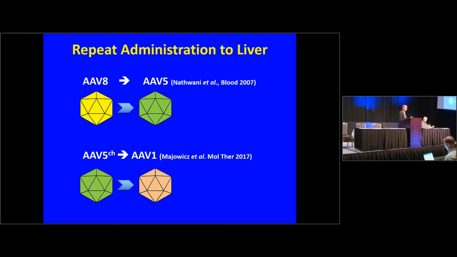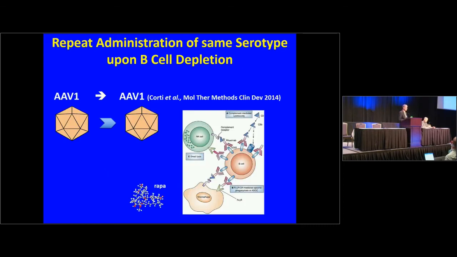So in hepatic gene transfer, which is one of the tougher targets because you're going in through a blood vessel, it's been shown, for example, that you can give an AAV8 vector first and later an AAV5 vector and achieve gene transfer with AAV5. Another study showed that you can go in with AAV5 first and come back later with AAV1 and thereby achieve repeat gene transfer to the liver.